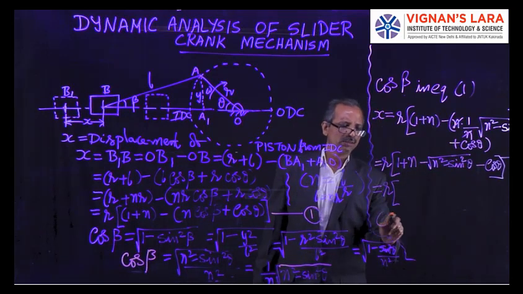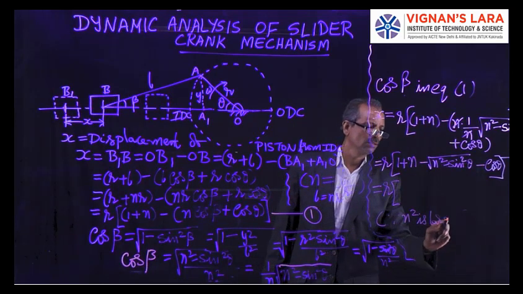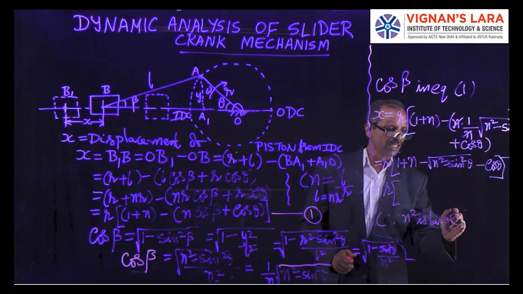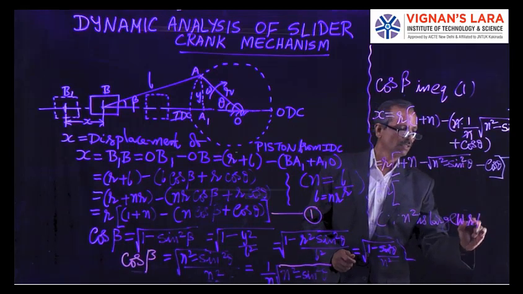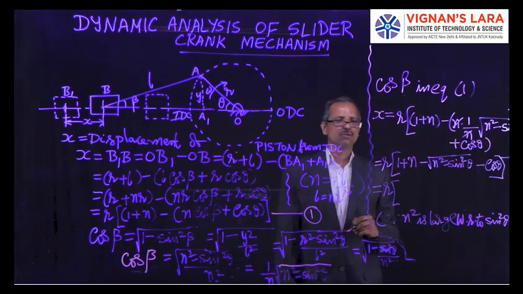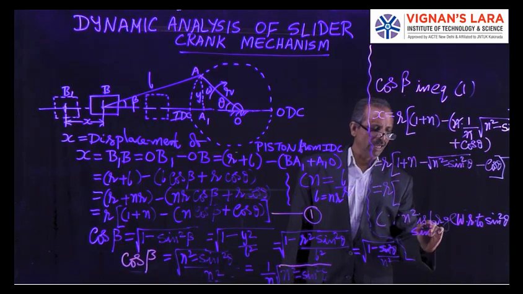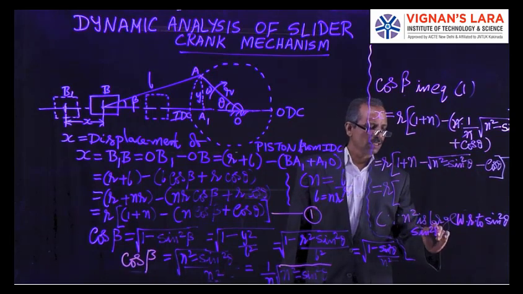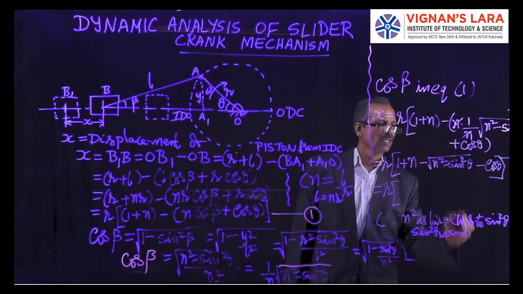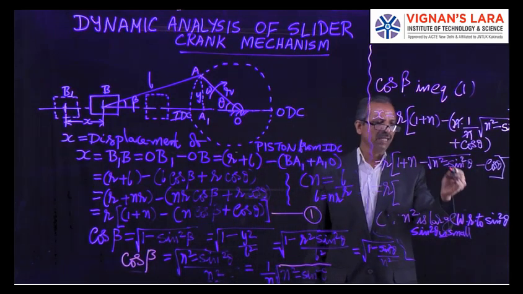So n square is large with respect to sine square theta. So I neglect the sine square theta value. So n square minus sine square theta, I will write simply n square.